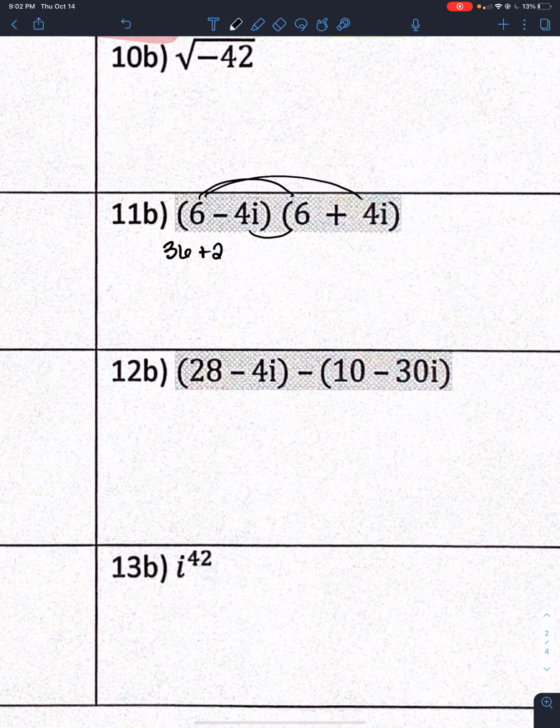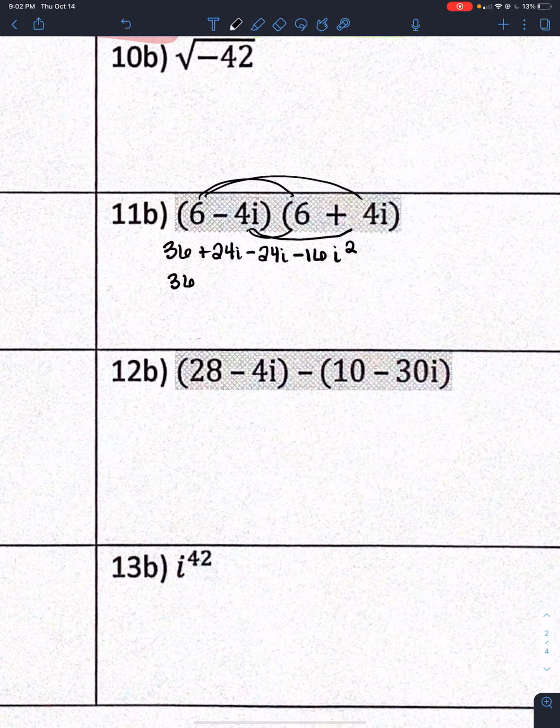Negative 4i times 6. And then last one, negative 4i times positive 4i gives me negative 16i squared. Okay. So let's see what we can simplify.